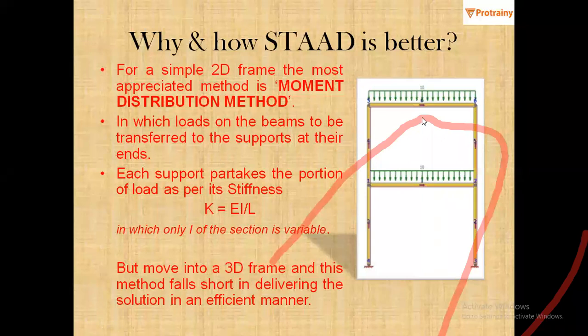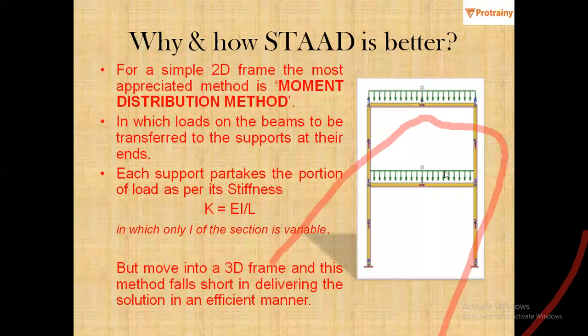इस बीम पर जो लोड आ रहा है वो यहाँ पे ट्रांसफर हो रहा है. इस बीम पर जो लोड आ रहा है वो यहाँ ट्रांसफर हो रहा है. और ये दोनों स्टोरी का लोड फाइनली is transferring to the footing or to the ground. Each support partakes the portion of load as per its stiffness. ठीक है? अभी यहाँ पर it is all in symmetry.